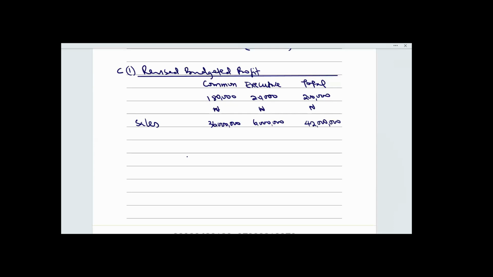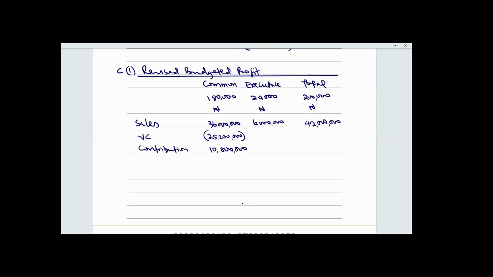Then you less variable cost. Variable cost of common is 140. 140 multiplied by 180,000 gives you 25,200,000. Minus 36 million, that gives you 10,800,000. That 10,800,000 is the contribution margin.